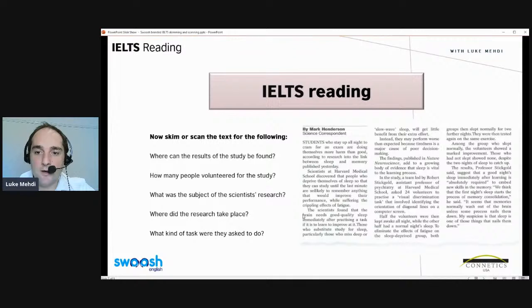And last one there, what kind of task were the volunteers asked to do? So if you're looking for the volunteers, and it will explain to you what they were asked to do, what kind of task. Any ideas for that?